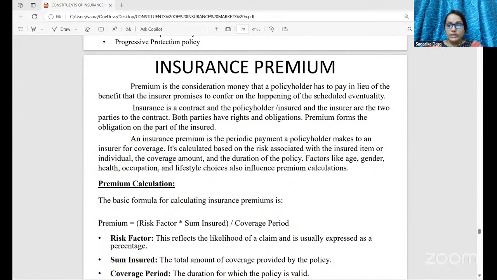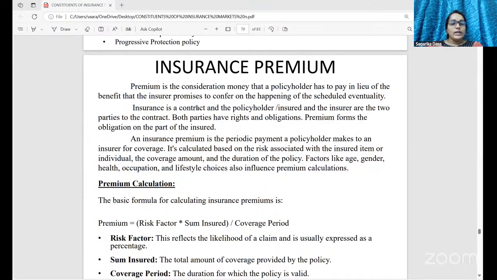Here, premium is the amount which is paid by the insured party, that is the policyholder, to the insurance company, because the insurance company is promising to protect the life of a person. In order to protect it, the policyholder has to pay consideration in return, and that consideration we call premium, that is insurance premium.